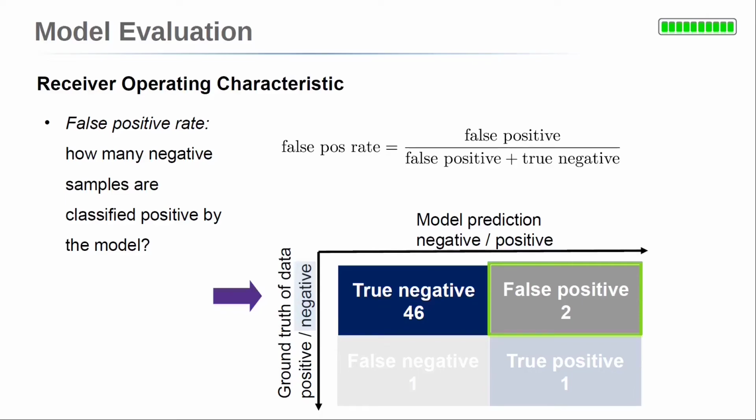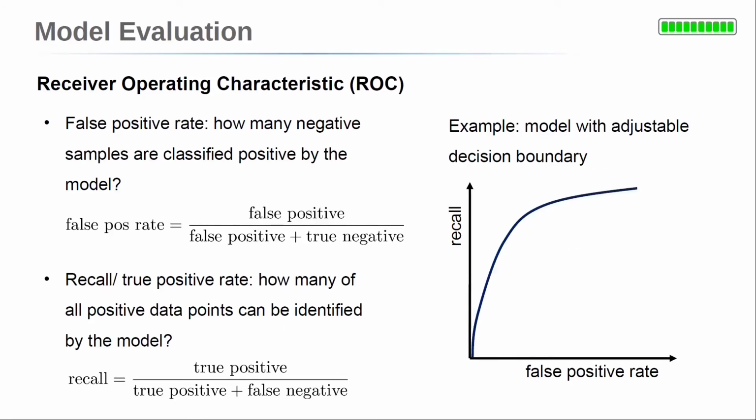So it answers the question, how many of all negative samples are classified as positive by the model? Plotting the recall against the false positive rate gives the receiver operating characteristic.